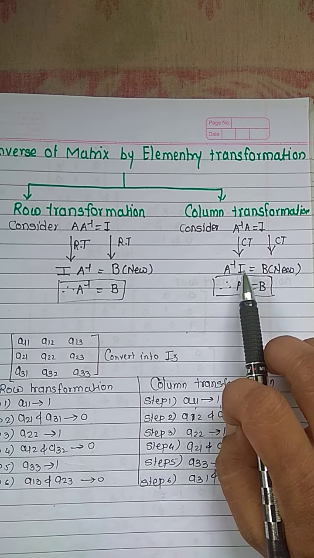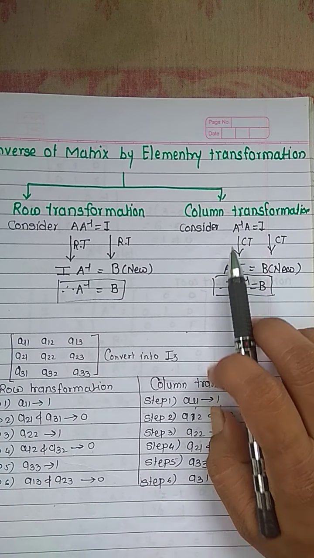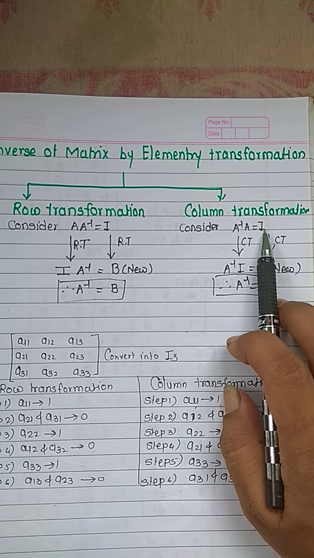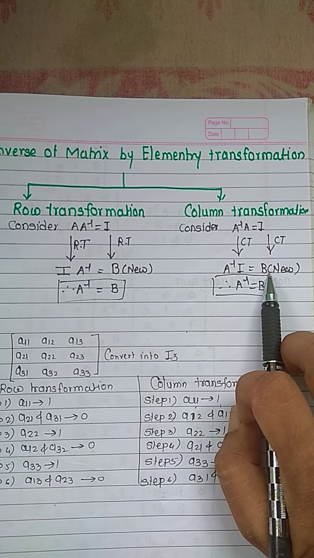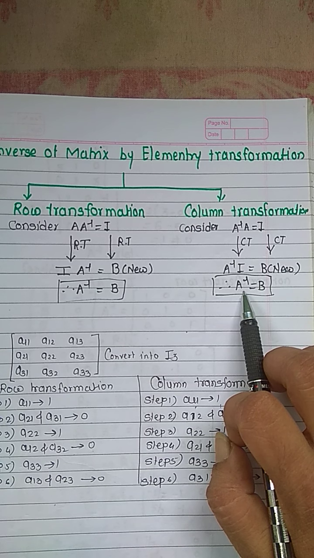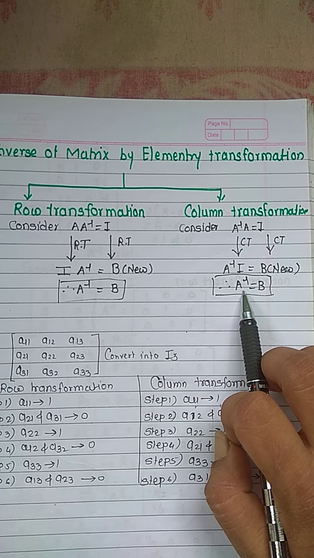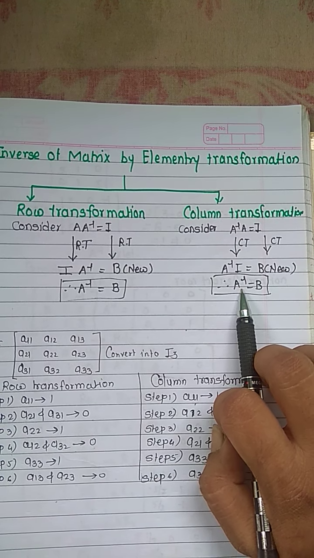The A matrix converts into the identity matrix, the A inverse matrix remains the same, and this identity matrix converts into a new matrix, which is nothing but the inverse of the A matrix. In this way, we discussed the row transformation and column transformation.